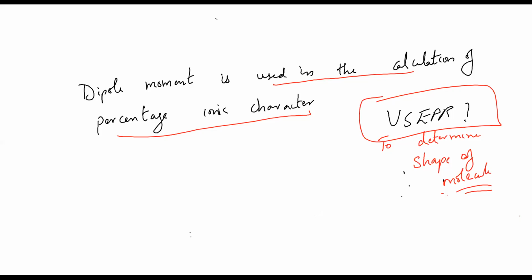Okay. So guys, we should understand what is actually useful. So the use of dipole moment is for the calculation of percentage ionic character. Next page I'll write percentage ionic character.